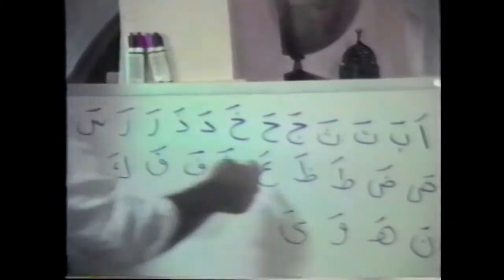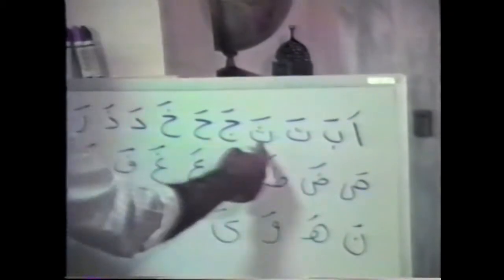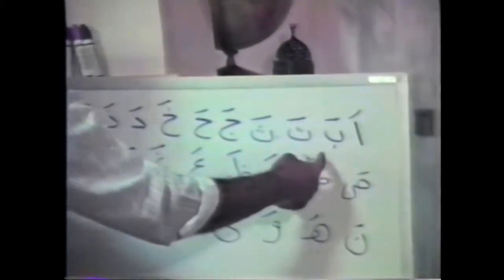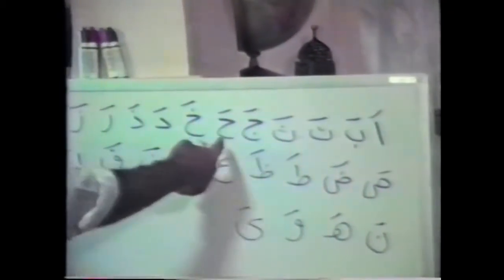A, ba, ta, tha, and so on. Now, to change these sounds, you just put this slanted dash under each letter and they become i, bi, ti, thi, ji, hi, and so on.